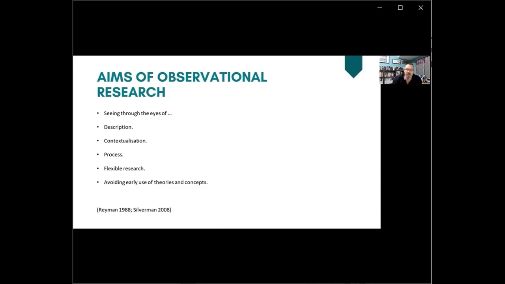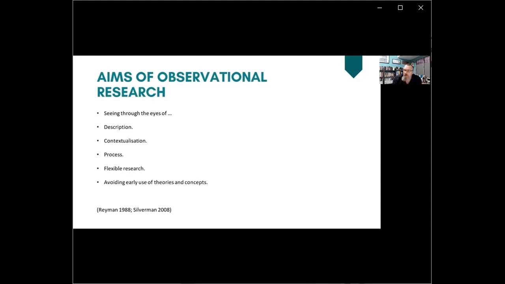When we look at description, attending to the mundane detail to help us understand what's going on, providing clues to other layers of reality from the research and from the activities that are happening. Number 3, contextualization. Whatever the sphere in which the data is being collected, we can only understand events when they're situated in both the wider social and the wider historical context. And observation helps us with that.